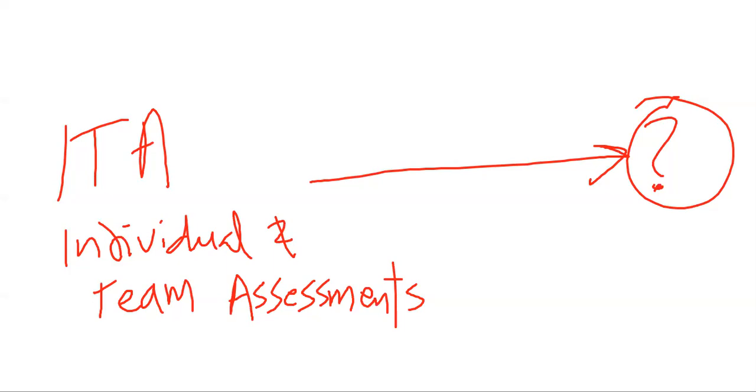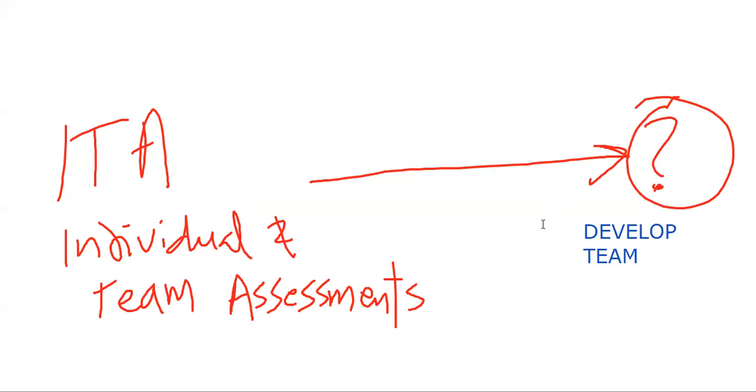All right, 3, 2, and 1. Individual and team assessments follow training. When you have developed the team, you should, as part of that step, do an individual and team assessment. So this is a tool and technique of the Develop Team process.